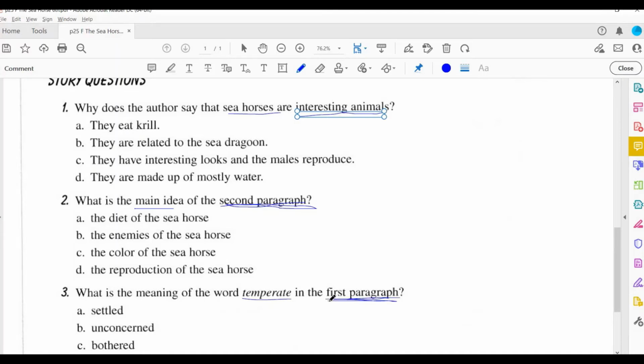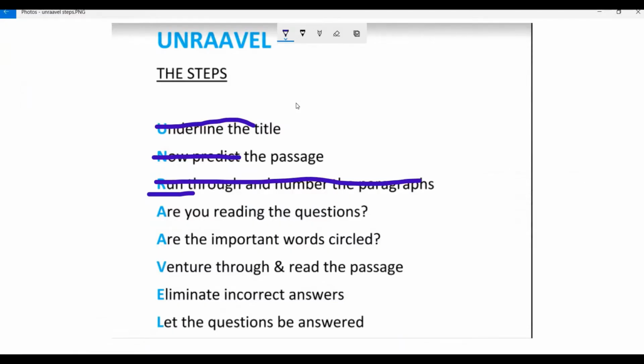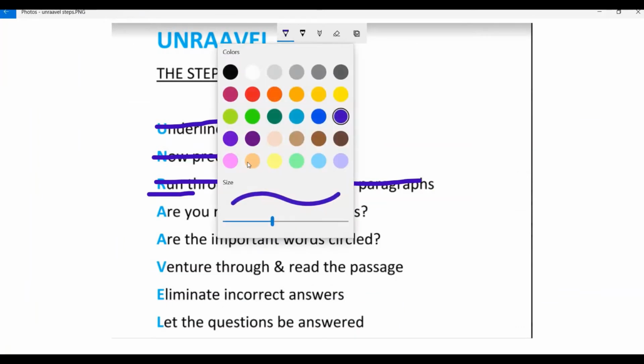So it's telling us where it's at. I know in the first paragraph, it's going to give me the word, not temperature, but temperate. So I need to determine the meaning of this word. So let's go and cross that step off.